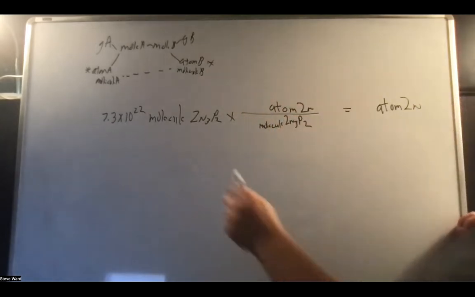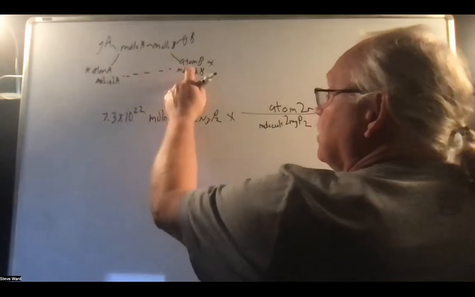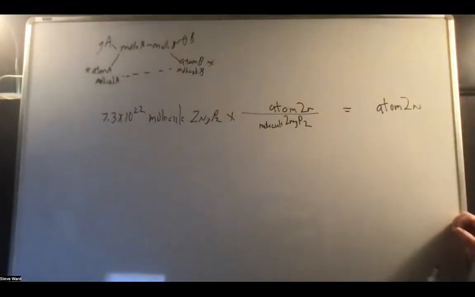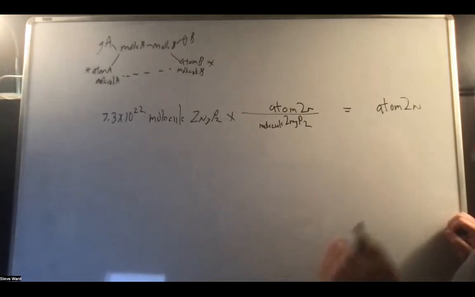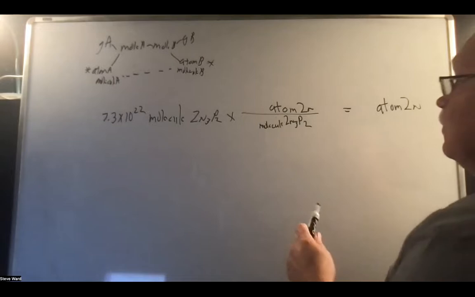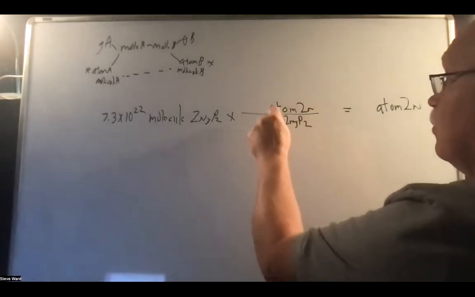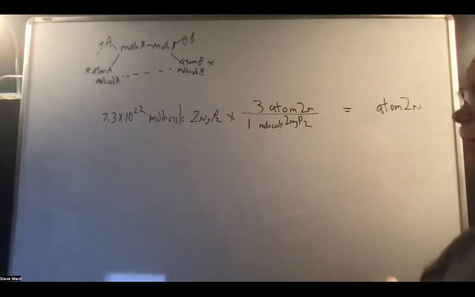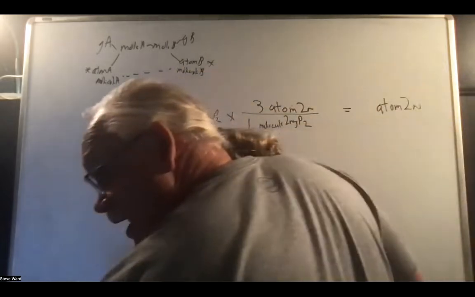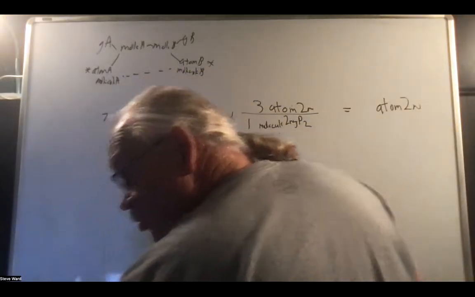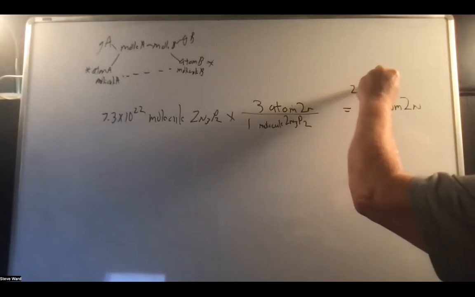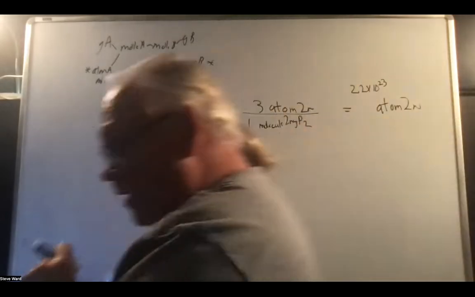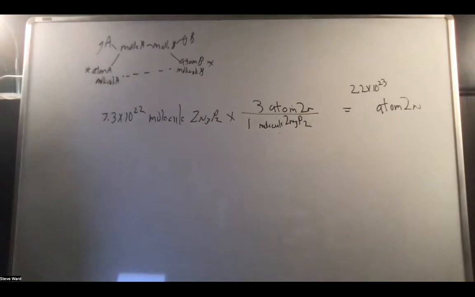And the rule says when you're going from here to here, we use definition 3 that just says count. So what am I going to do? How many zincs are in one of these? 3 to 1. And when I punch it in on my calculator, I get 2.2 times 10 to the 23rd. Now, don't make this any harder than it is. It's just a little bit of dimensional analysis.